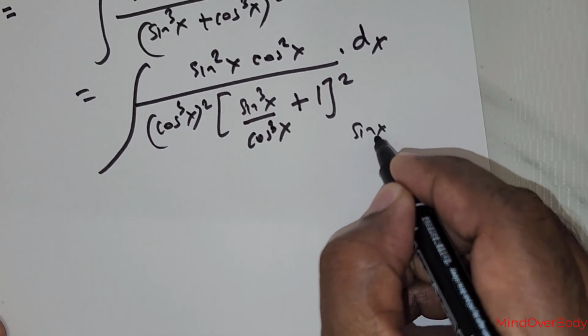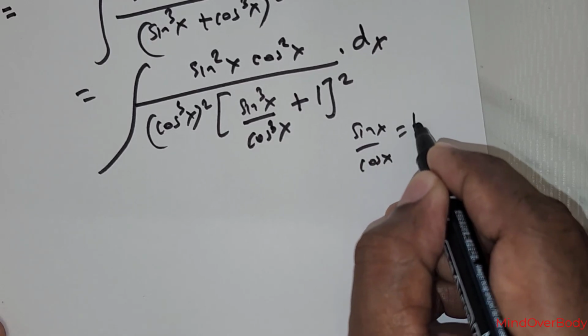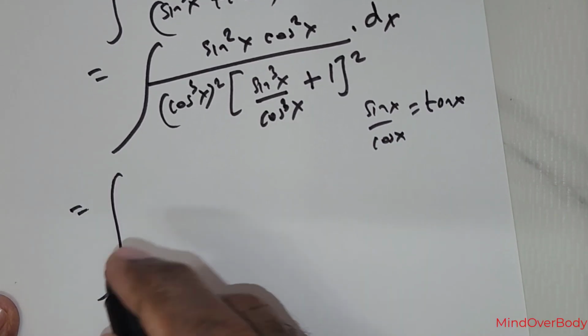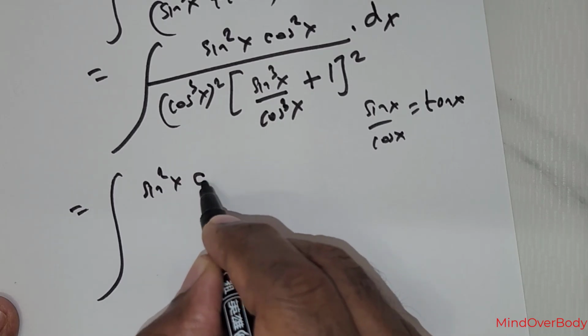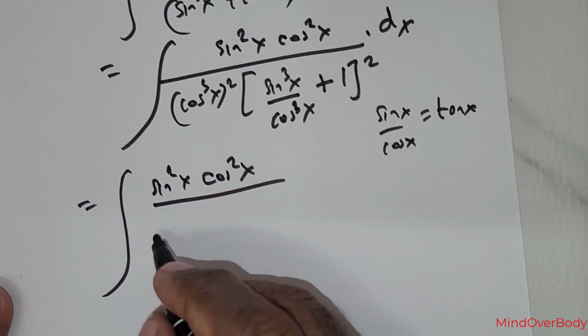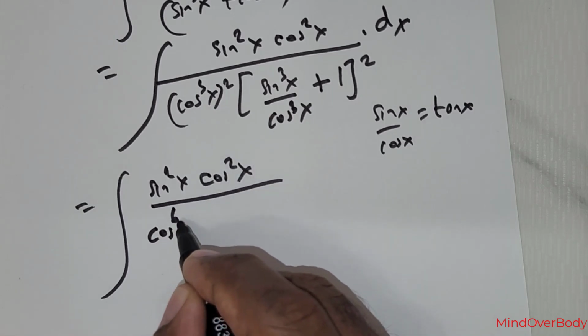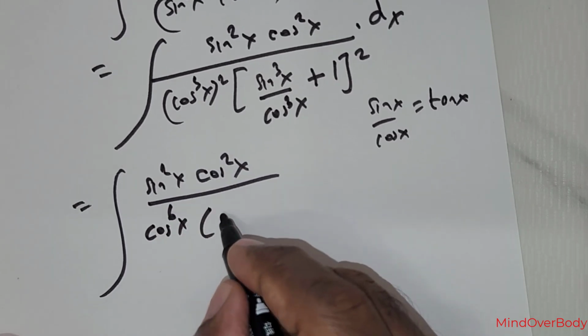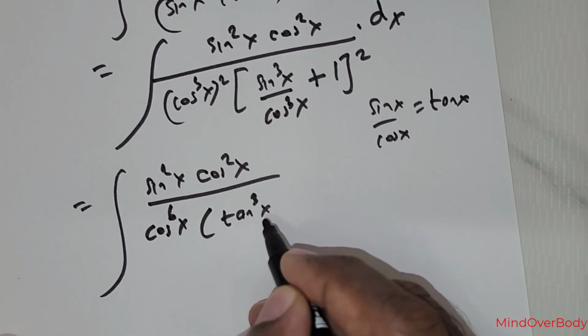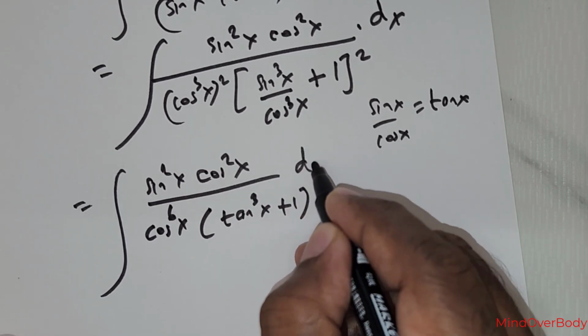Now sin x over cos x is tan x, so this is sine squared x times cos squared x divided by cos raised to the power of 6x times (tan cubed x plus 1) squared, times the dx.